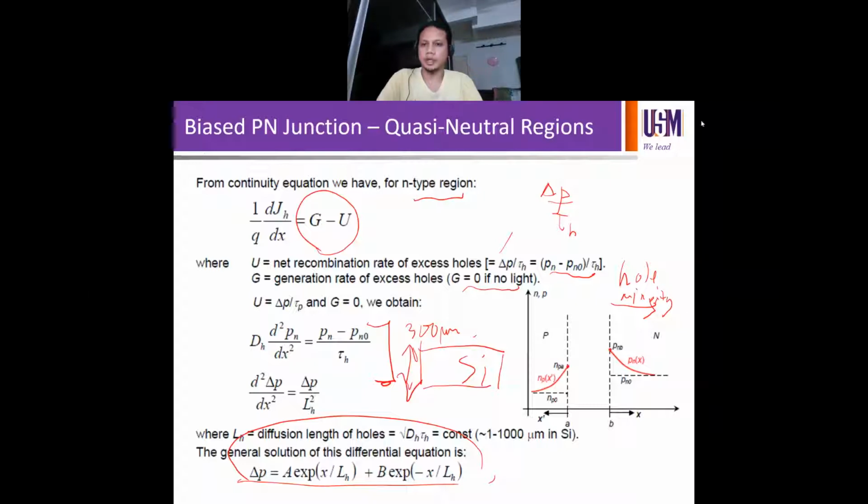Okay, let me look at your name. 1 micron. Okay, I say 1 micron. Any other answers? 1 nano. But remember, what is diffusion length? The average distance traveled by the carriers from generation to recombination, right?